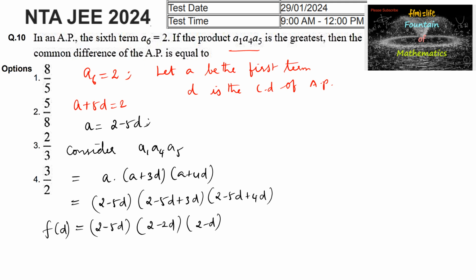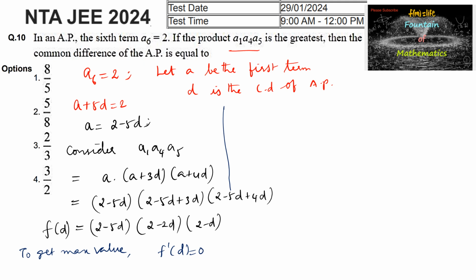And to get the product as the greatest one, let us use the concept of applications of derivatives. So to get maximum value, we need to consider f dash of D is equal to 0.